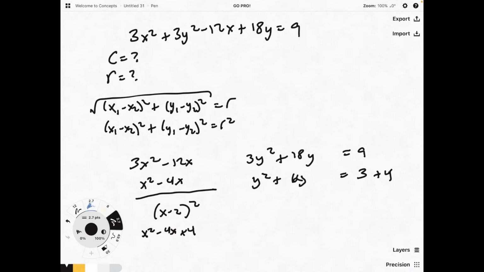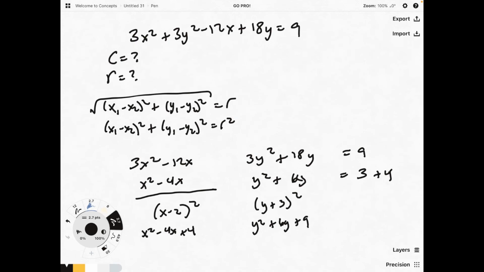Similarly, we can do the same thing over here to the y side. What plus what gives you 6? Well, 3 plus 3 gives you 6. So if we do y and 3, and it's a positive, squared, then this will break down to y² + 6y + 9.